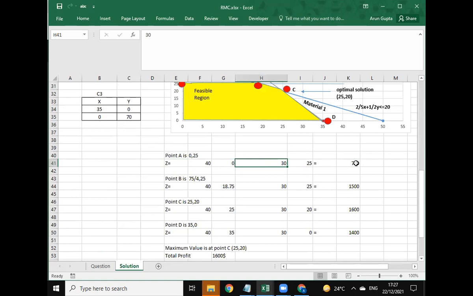When we multiply, F41 is multiplied by G41. This is 40 times 0 plus 30 times 25, which means 750.